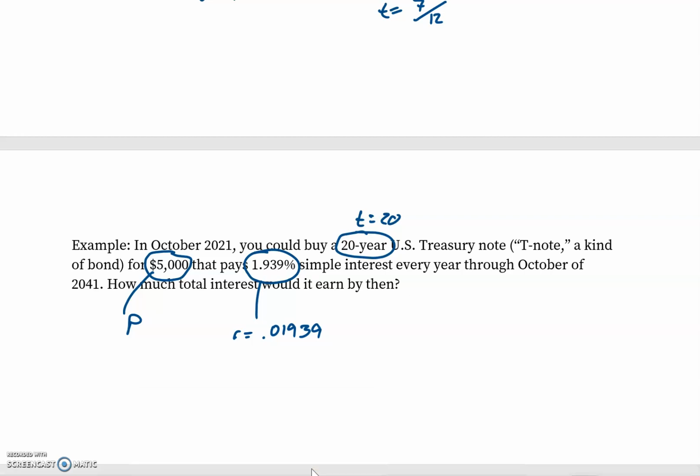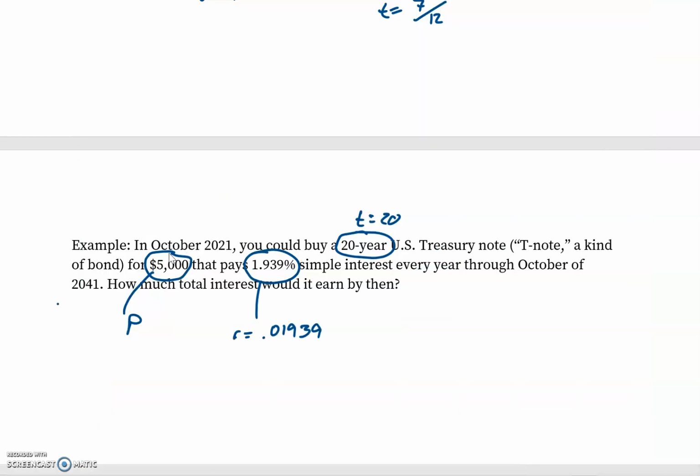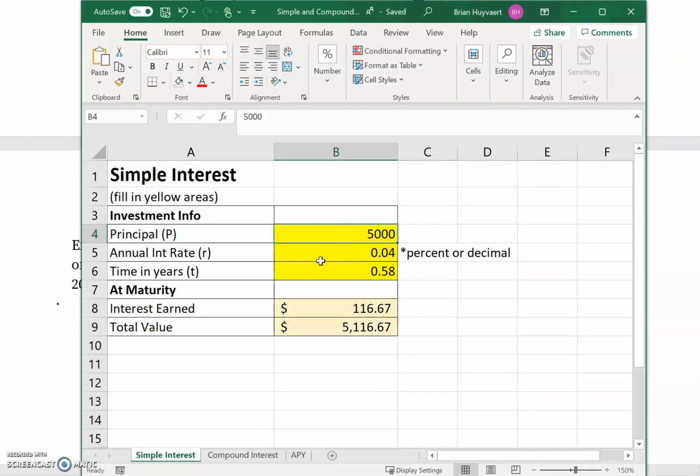So let's go back over to our template. We're putting in 5,000 again, right? That number's actually the same just by coincidence. Our rate R is, again, you could do 0.01939, and if you want to see more decimal places, that's totally fine. And then our time in years, this one was pretty straightforward. We said it was just 20.